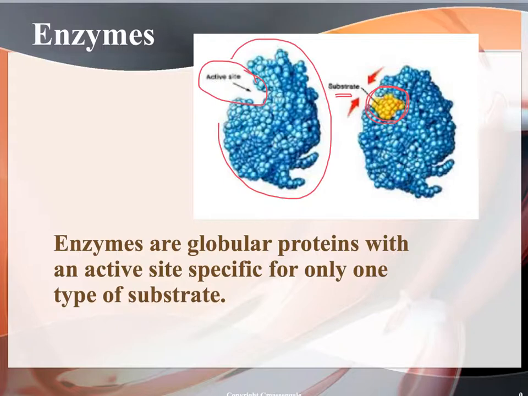Then the position that the enzyme holds this substrate allows the reaction to happen, and once that's done, the substrate, which has been changed, is released and the enzyme is ready to move on. Enzymes are specific for one type of substrate, and anything that changes the shape of this enzyme will change the shape of the active site and could potentially render it inefficient, unable to function at all.